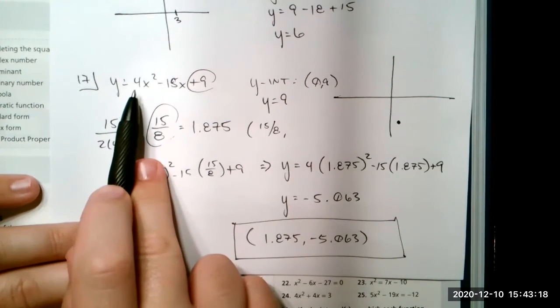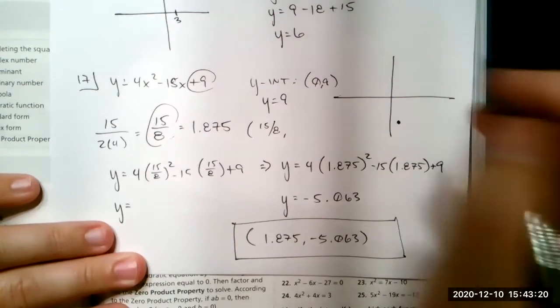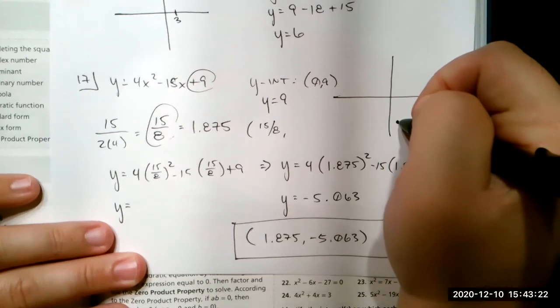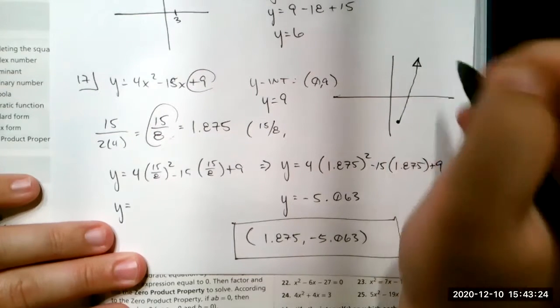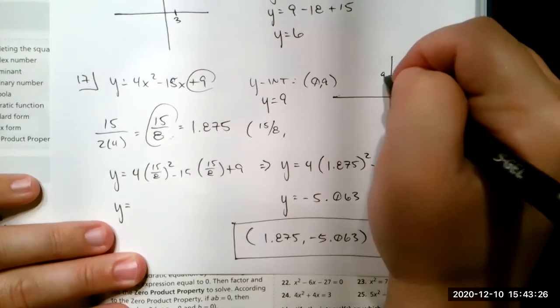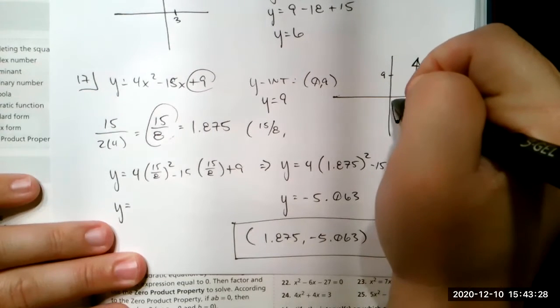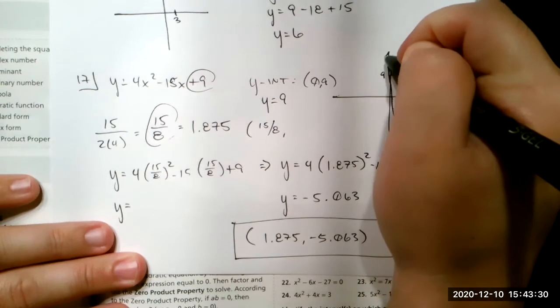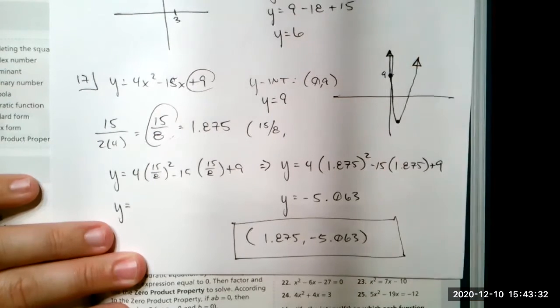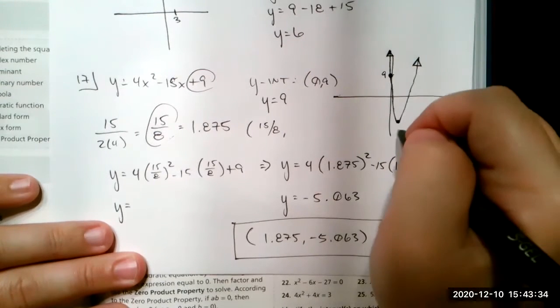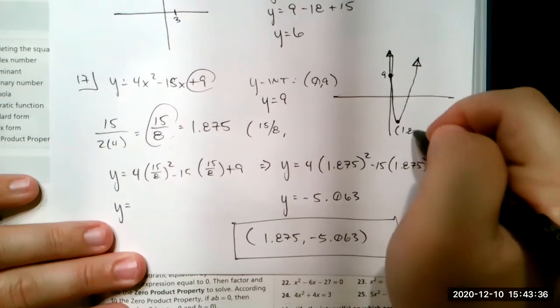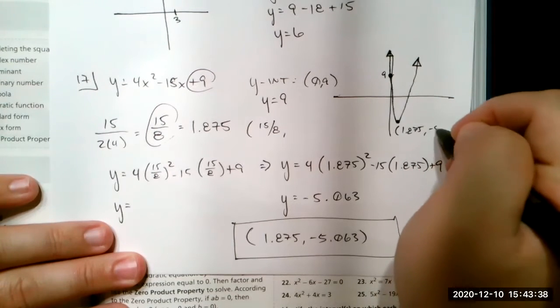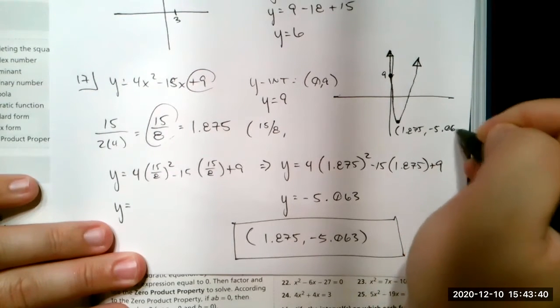This vertex is positive, so it's going to be a happy face. And it looks like it's going to cross at positive 9. So I did my best. Imagine that crosses at positive 9, and this vertex is at 1.875, comma, negative 5.063.